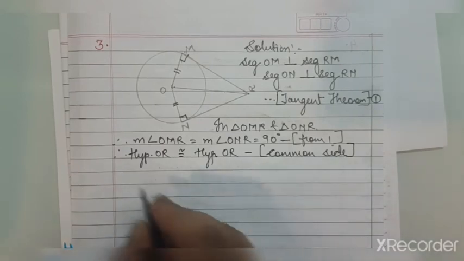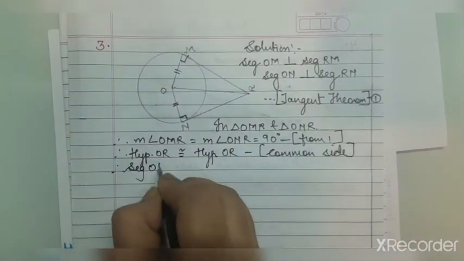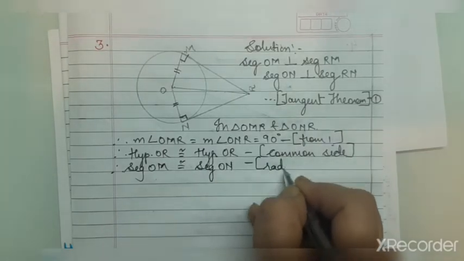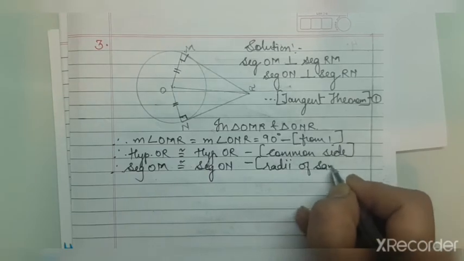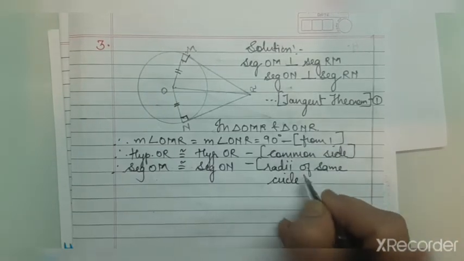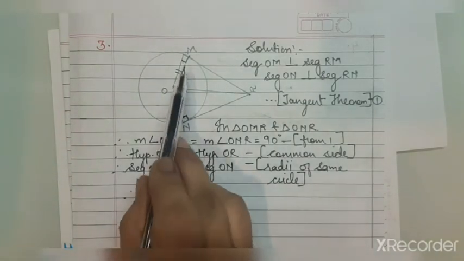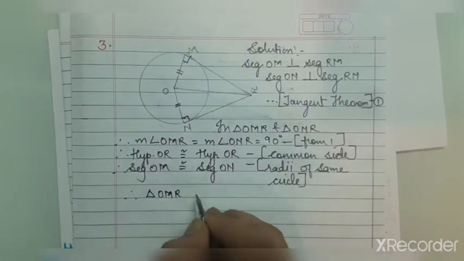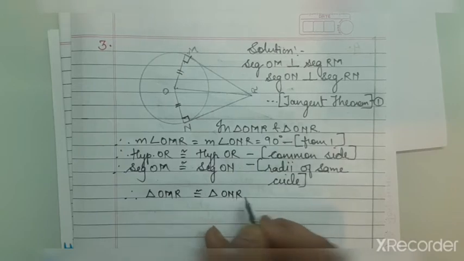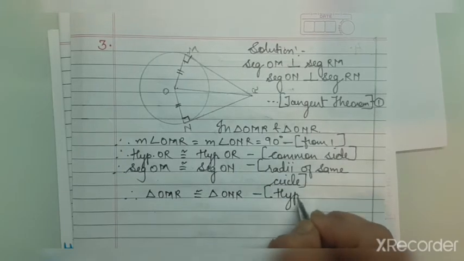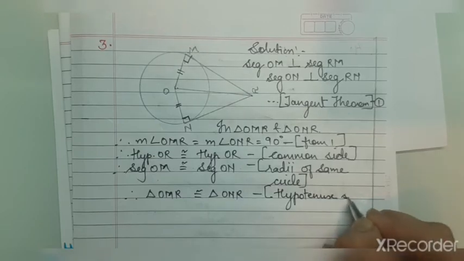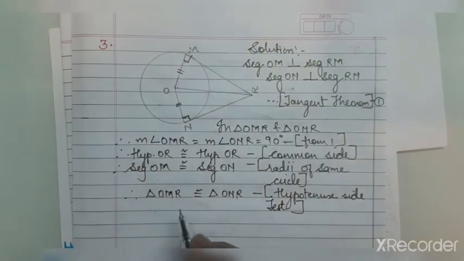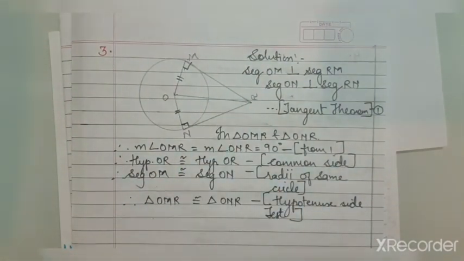After that, we will write that segment OM is congruent to segment ON, radii of the same circle. After we prove that the side and the hypotenuse are congruent, therefore the triangles are congruent by the hypotenuse side test.